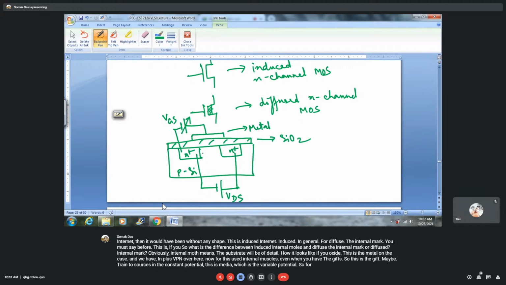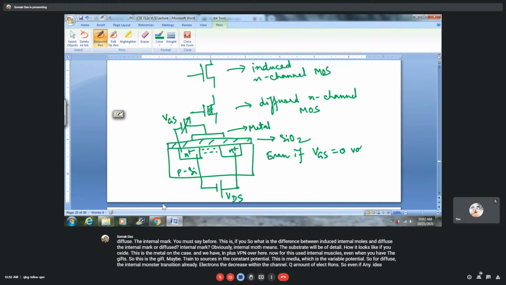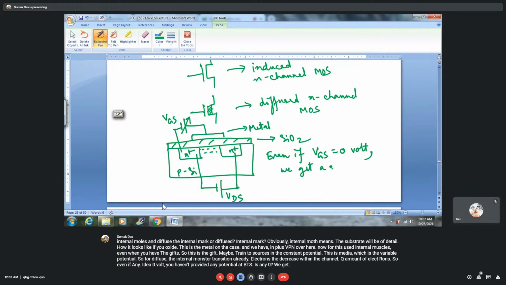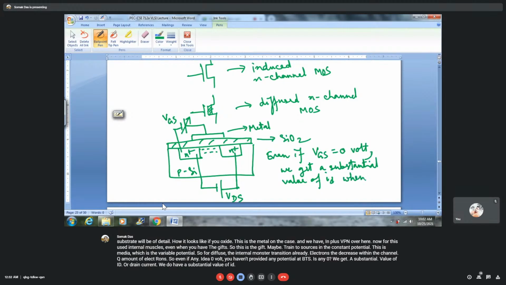For a diffused N-channel MOS transistor, already a small amount of electrons are diffused within the channel. So even if VGS is 0 volt, you haven't provided any potential at VGS, we get a substantial value of ID, or drain current, when VDS is constant.